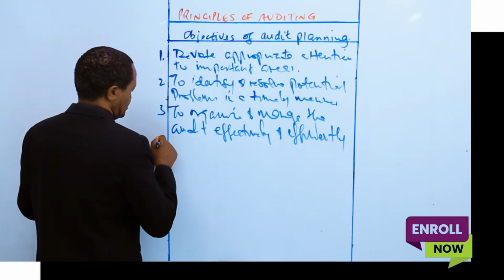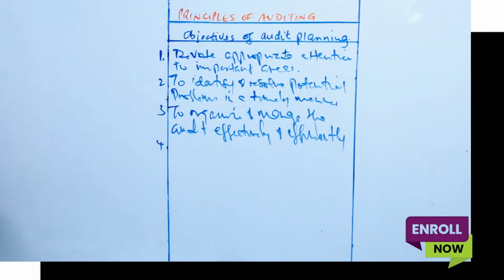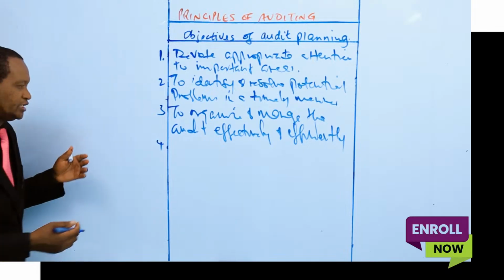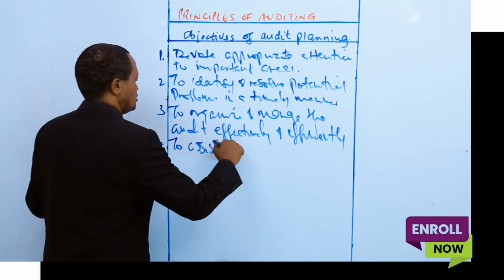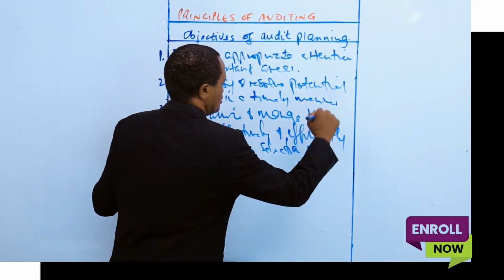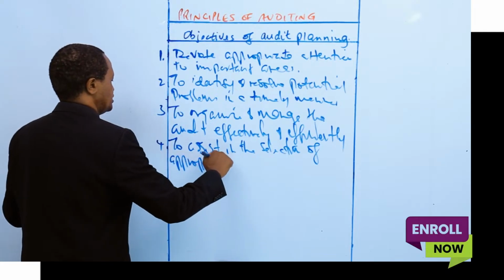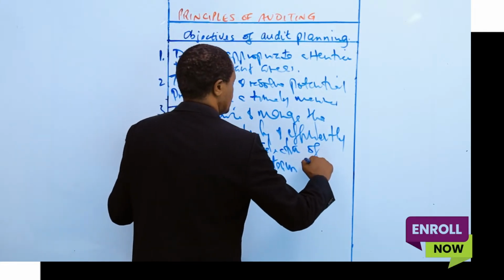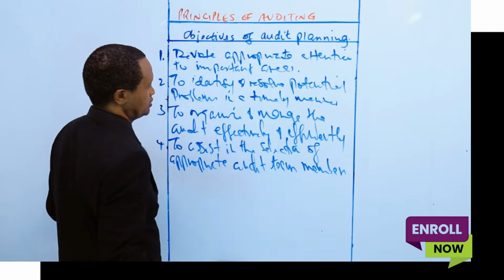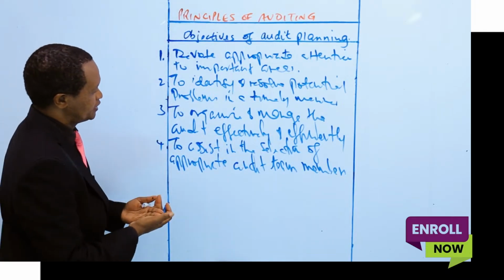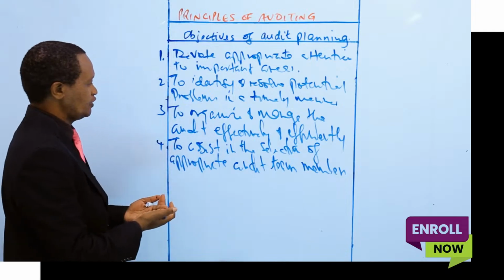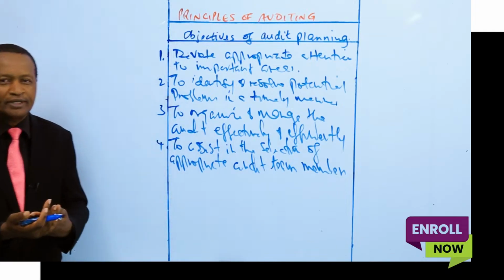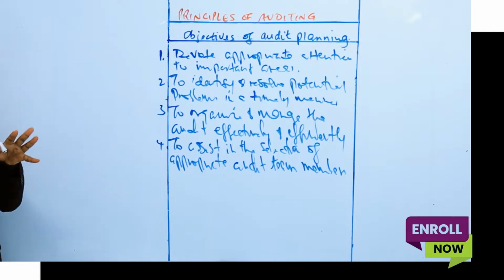Objective number 4 is to assist in the selection of appropriate engagement team members. An audit plan helps to assist in the selection of appropriate audit team members and also assignment of the work to them.